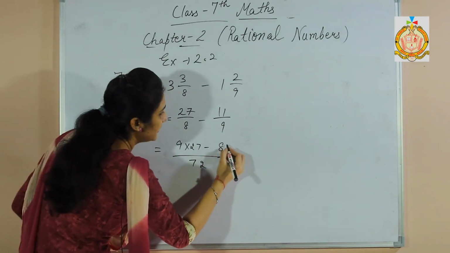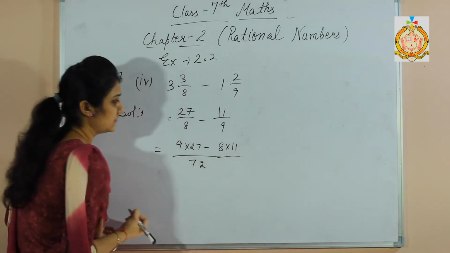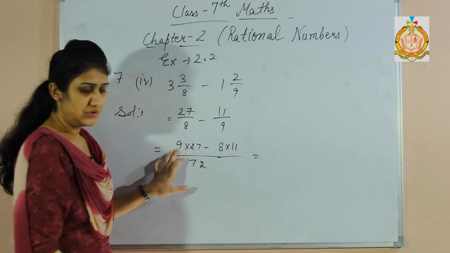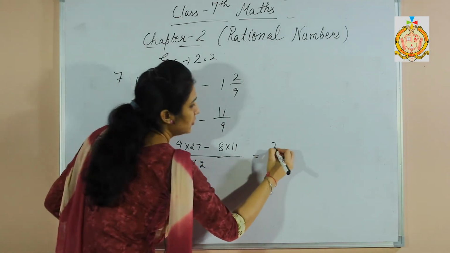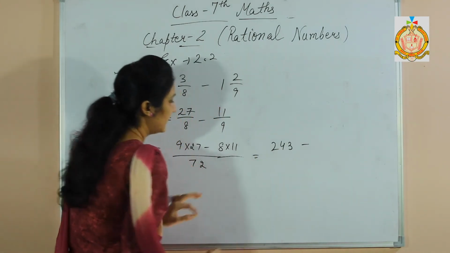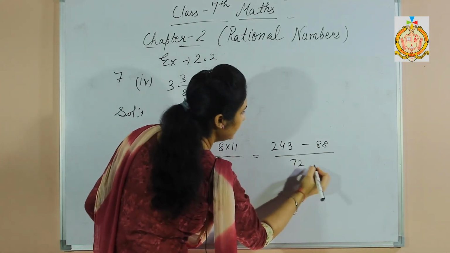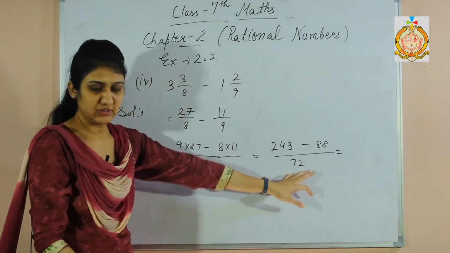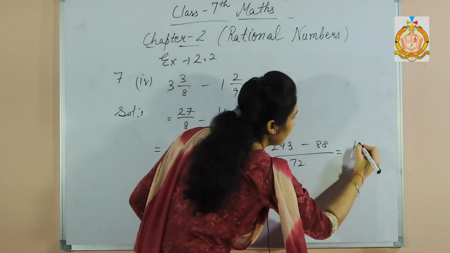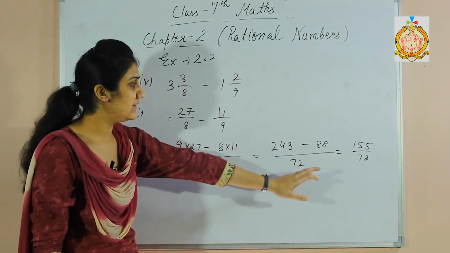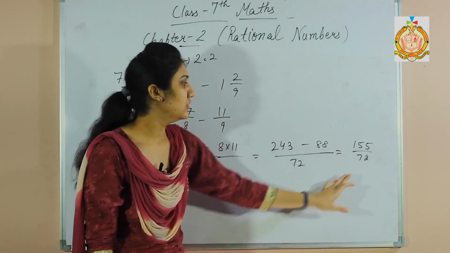So here you can write 8 into 11. After solving, 9 into 27 is 243 and here 88 upon 72. After solving, you will get the answer 155 upon 72.